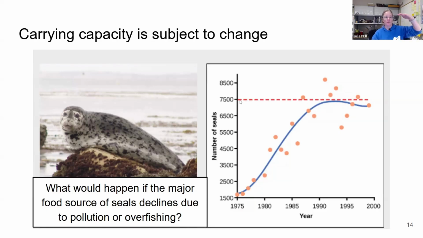But what if overfishing or pollution made it harder for the seals to find food? If we saw a change in the environment, we're also going to see a change in the carrying capacity. We're going to see that carrying capacity lower. And then for all the seals, there's going to be a significant amount of death, mortality, starvation, and suffering as we're reaching this new equilibrium at a new carrying capacity.